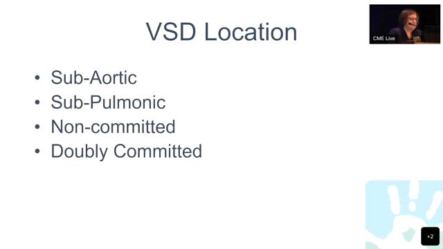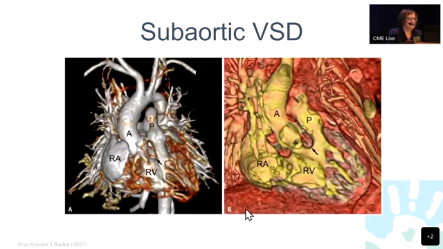VSDs can have variable location, the classic subaortic and subpulmonic, but we can also have non-committed VSDs and doubly committed VSDs. So in the subaortic VSD, in these 3D MRI pictures, you can see the VSD right here, which is subaortic.